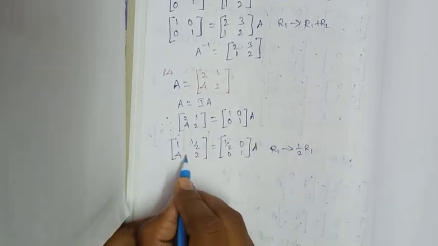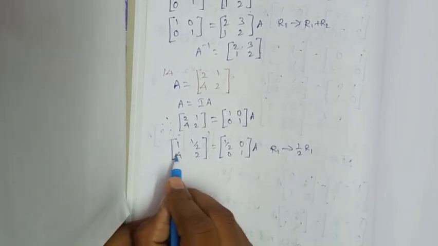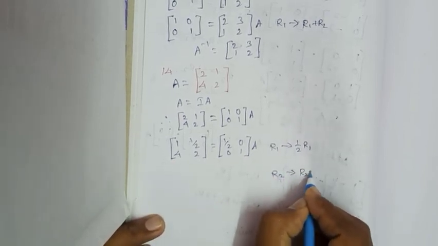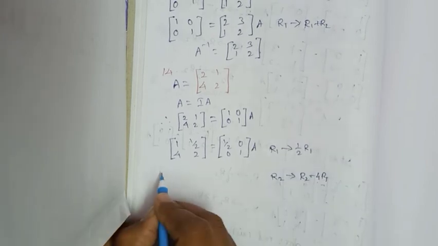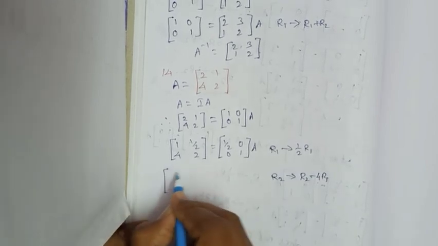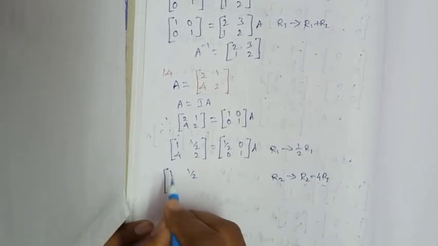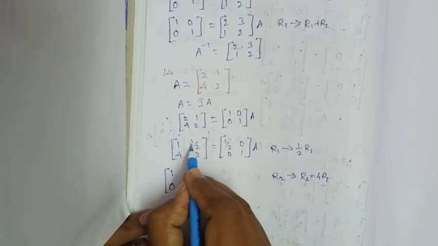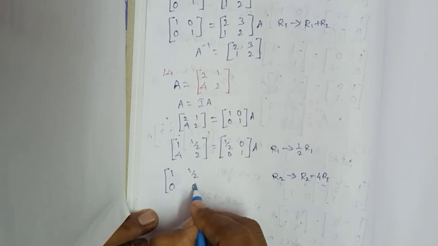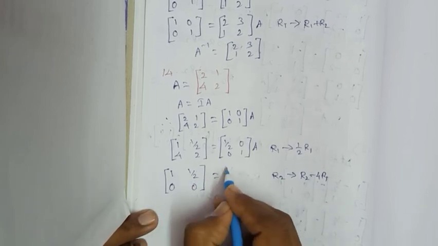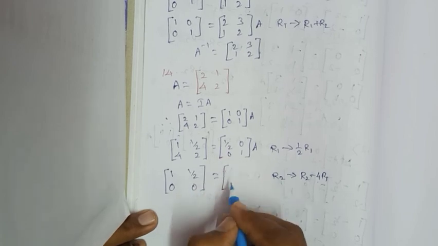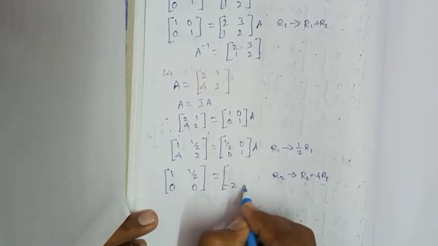Next we see the entry 4, so we convert it to 0. Then we apply R2 implies R2 minus 4R1. So first row there is no changes, 1, 1 by 2. Now applying minus 4 plus 4, 0. Multiply by minus 4 we get minus 2 plus 2, 0 again, which is equal to multiply by minus 4, so we get minus 2 plus 0, minus 2, and 0 plus 1, 1.